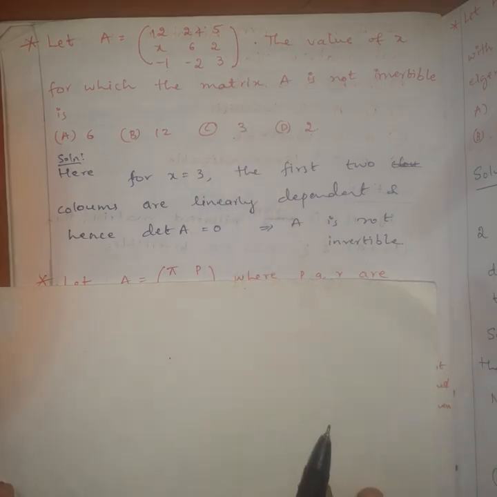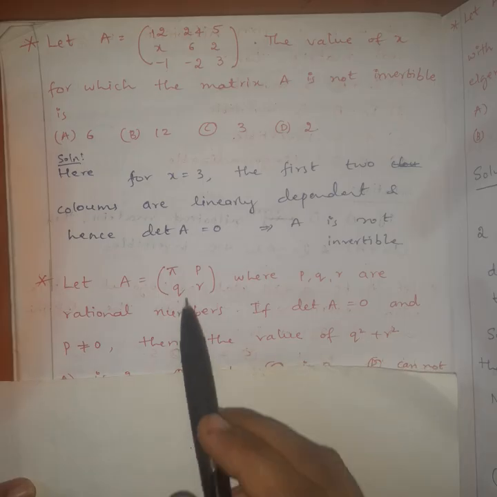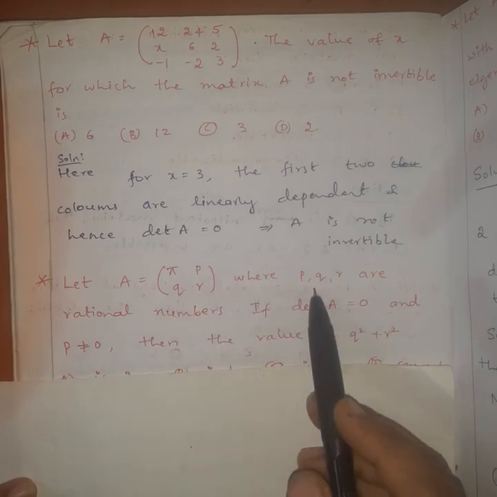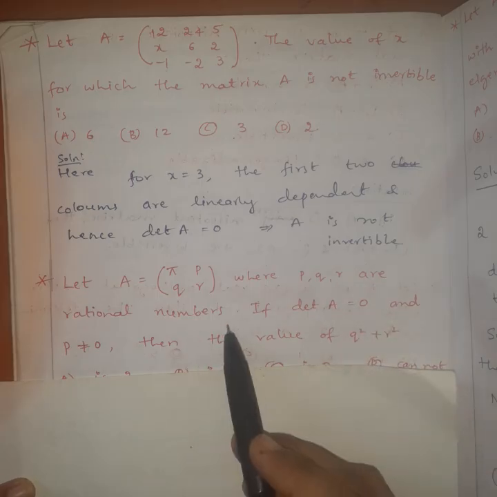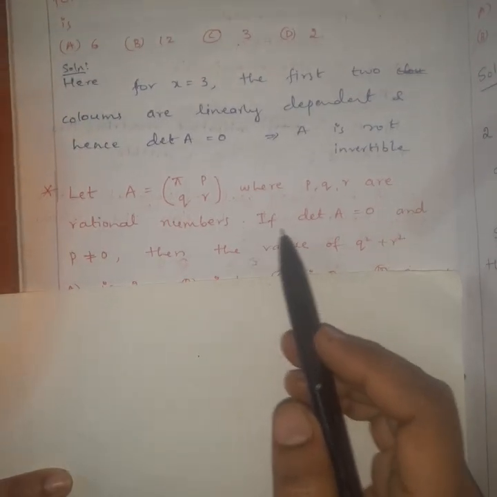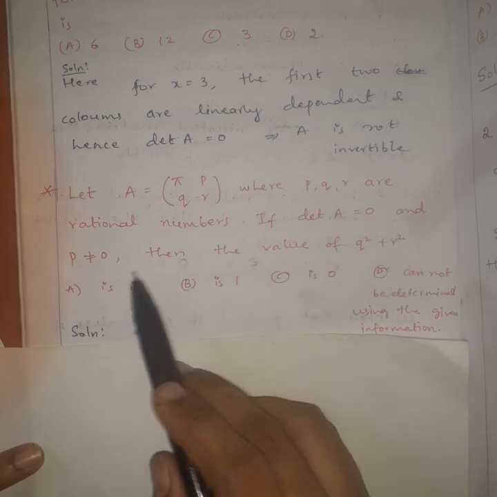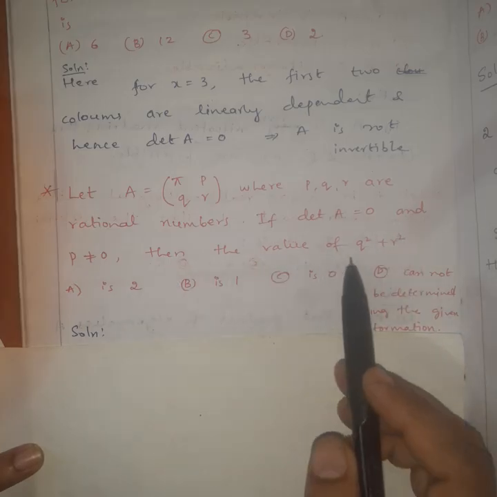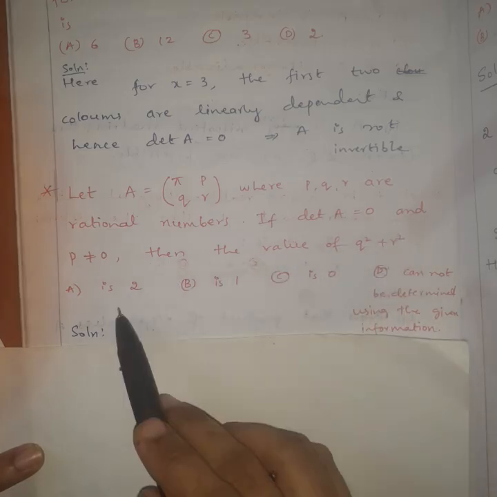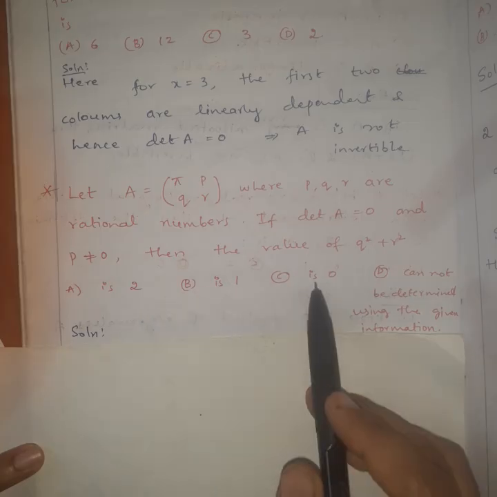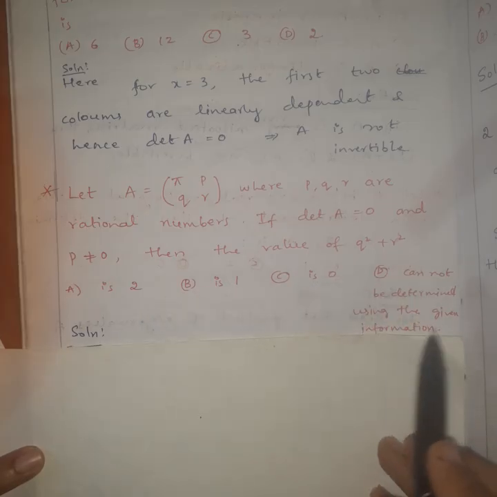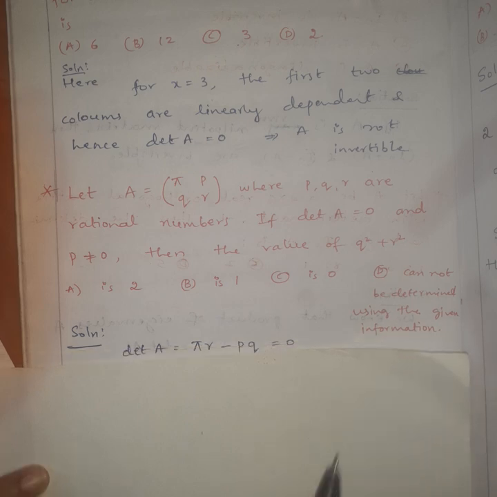Okay. Next question. Let A be the 2 by 2 matrix [pi p; q r], where p, q, r are rational numbers. If determinant of A equals 0 and p is not equal to 0, then the value of q square plus r square is: option A is 2, option B is 1, option C is 0, option D is cannot be determined using the given information.